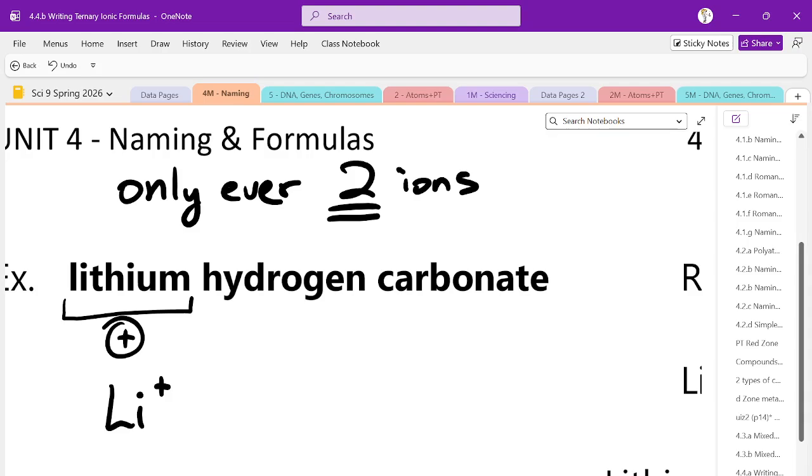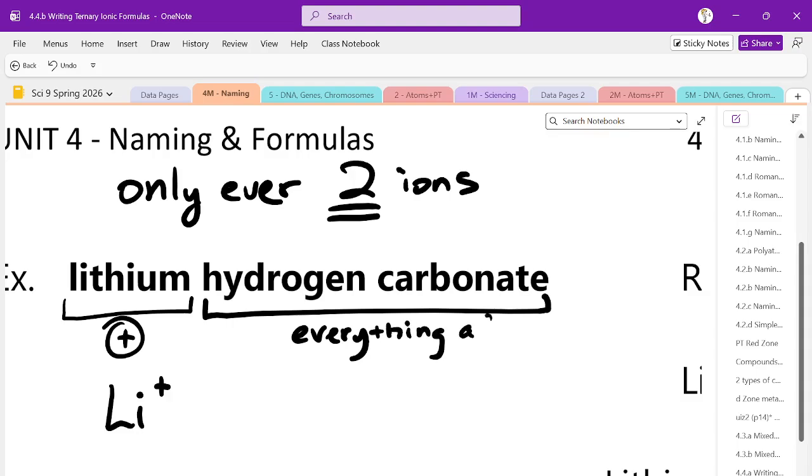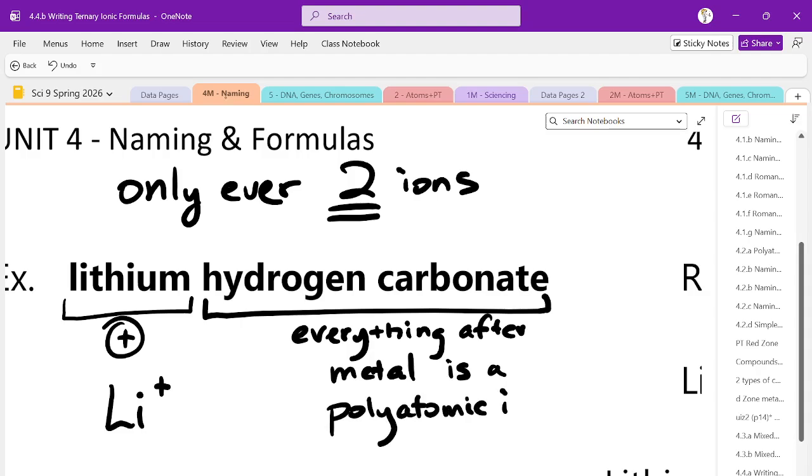Everything after the metal is the polyatomic ion.